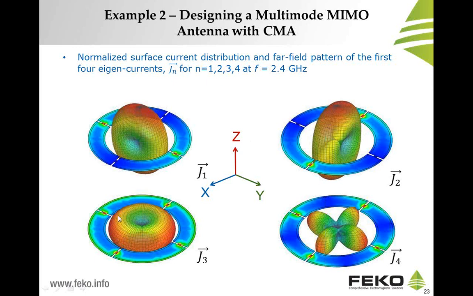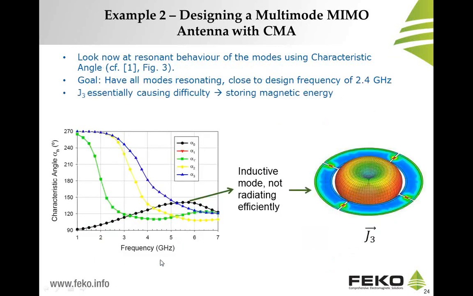Other modes, such as the one illustrated here, exhibit a sort of inductive behavior. This inductive behavior is also evident when we look at plots such as the characteristic angle as a function of frequency.